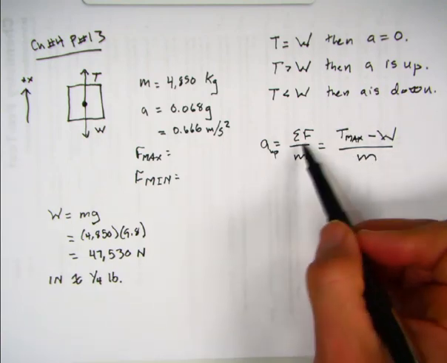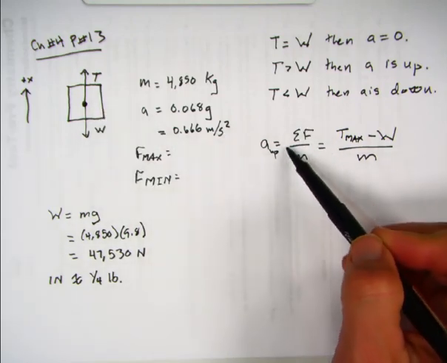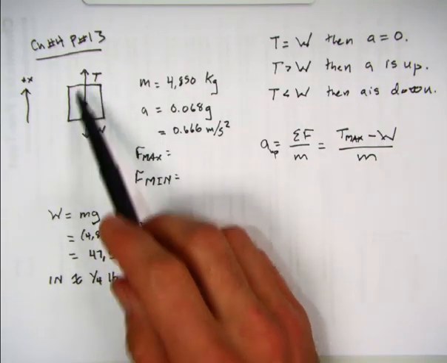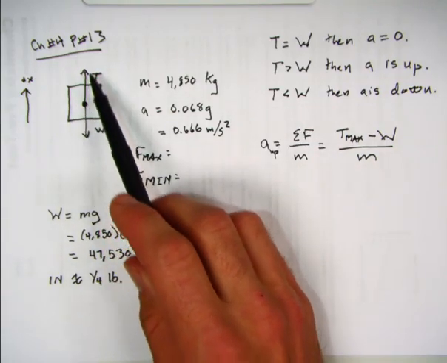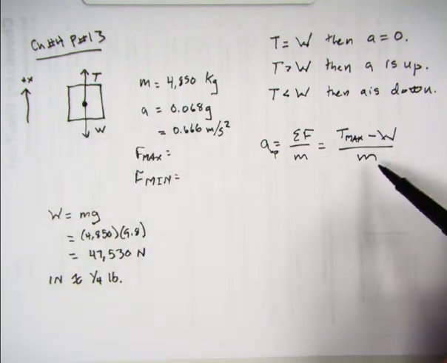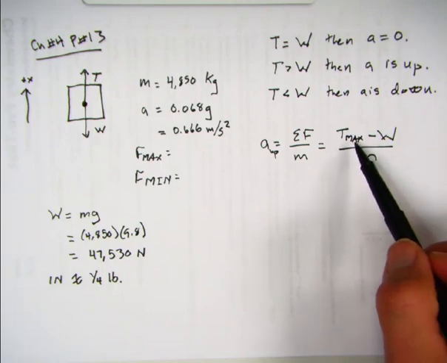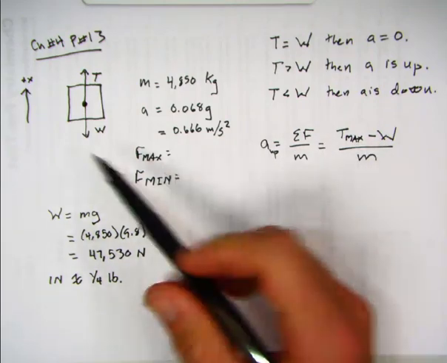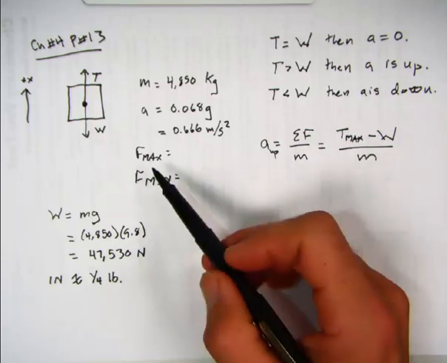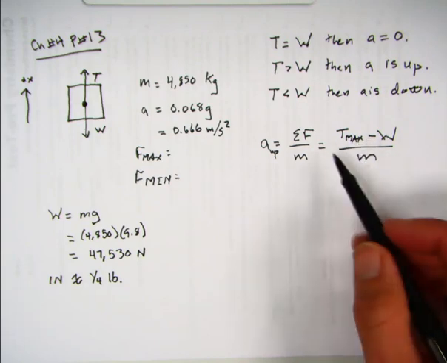Notice the net force is just the sum of all forces. This is a sigma symbol, it means sum of all. There are only two forces: tension with a positive sign because it's up, and weight with a negative sign because it's down. And so when the tension force is larger than the weight, the acceleration will be upwards, and this will be our maximum tension force, or the maximum force the motor's going to have to exert.